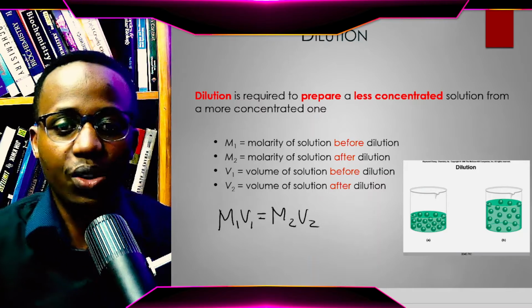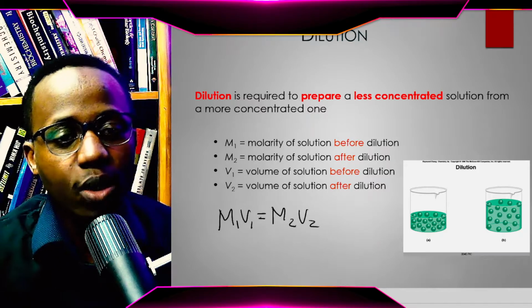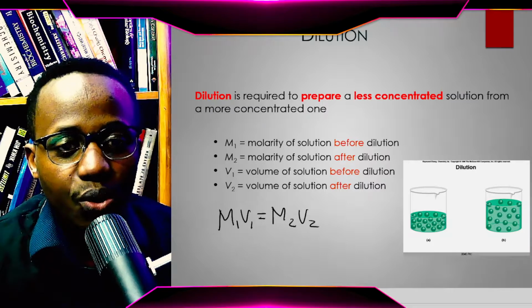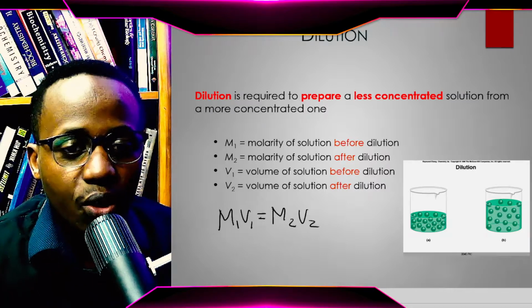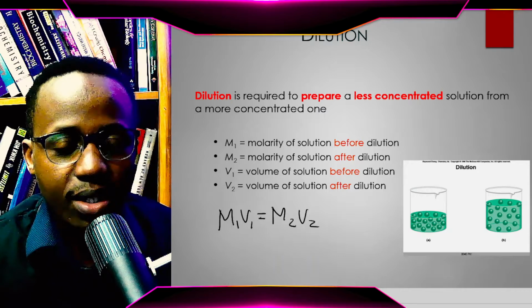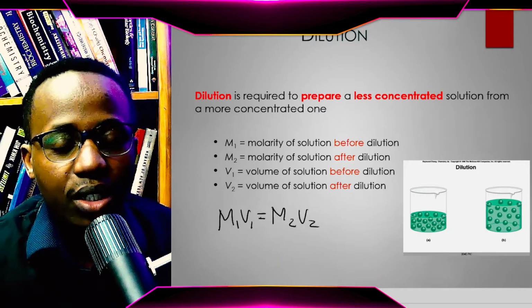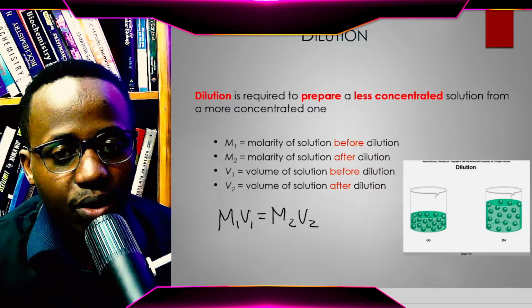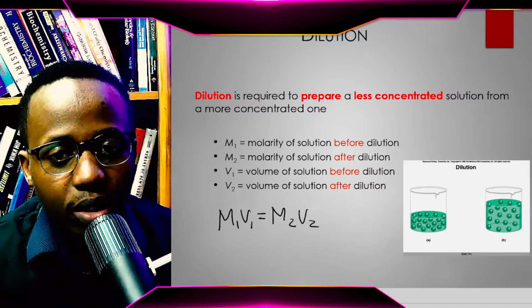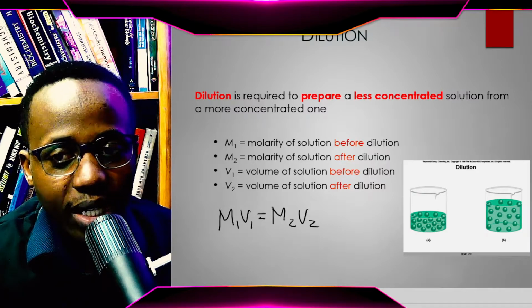What's M1 and V1? M1 is the first concentration. The concentration you start with times the volume you start with is going to be equal to the concentration you end up with times the volume you end up with.